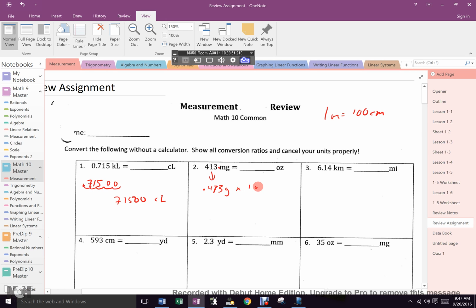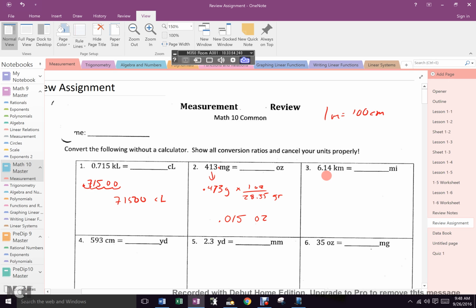So 1 ounce was 28.35 grams. So 0.413 divided by 28.35 to get 0.015 ounces. Now I would take 0.02 because I told you guys 2 decimal places when in doubt, right? I would take 0.02. I'd give you full marks for it. Everybody cool? Does everybody see what you had to do there? You had to do a conversion that you already knew how to do because it was in metric. Gouda? Great.